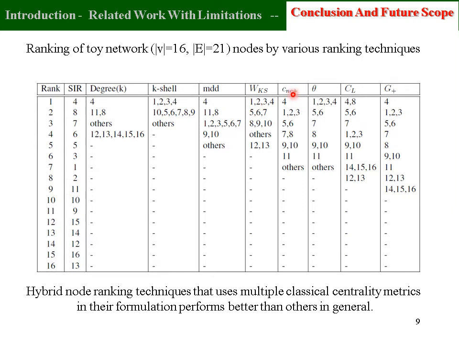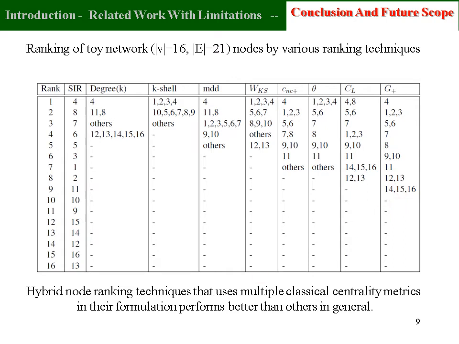Neighborhood coordinates plus is an improved method. Here we see 1, 2, 3, 4, 5, 6, 7, 8 ranks. Similarly, this is local centrality. This is gravity. Gravity gives 1, 2, 3, 4, 5, 6, 7, 8, 9, a total of nine different ranks.